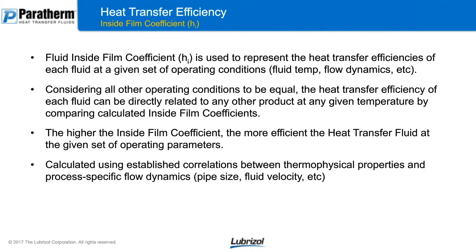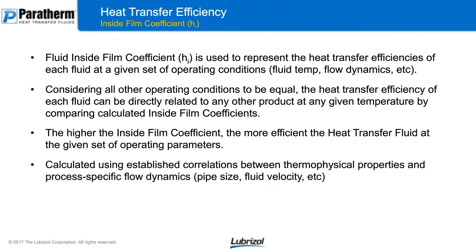So if you're considering all operating conditions to be equal, the fluid with the higher heat transfer efficiency is going to be related through a formulation comparing the inside film coefficients. The higher your inside film coefficient, the more efficient the heat transfer fluid at that given set of operating parameters. So that's a key point.